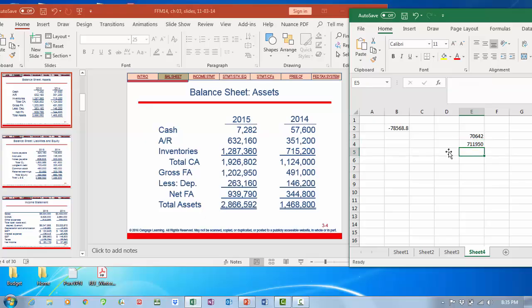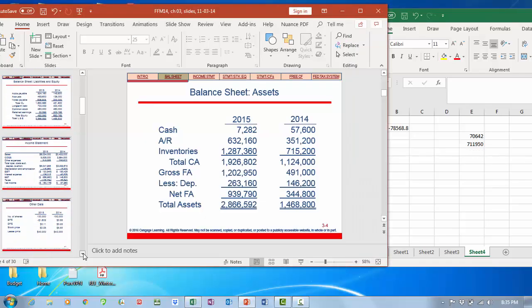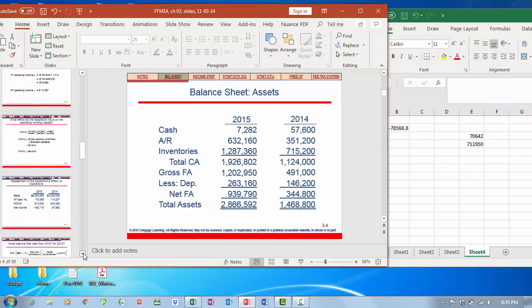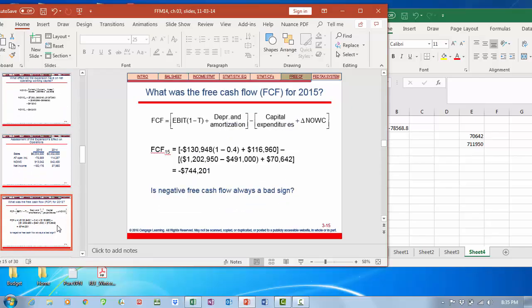That's the difference between the 2 years. That's how you will calculate. Okay, so just go back and get the numbers and plug them in, and you will get those results. So this is what we did for the capital expenditure. And then you take EBIT coming from the income statement, which we just had done previously, 1 minus 40% tax rate, plus depreciation, amortization again will come from the income statement. So you get free cash flow of 15, that's negative.